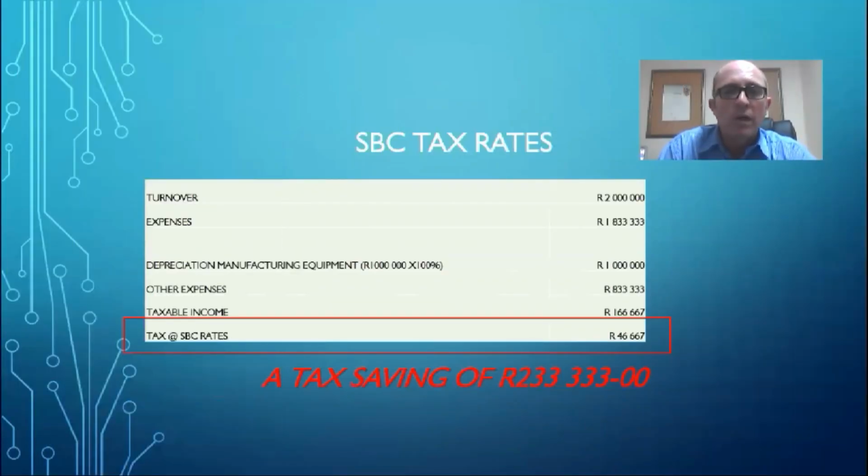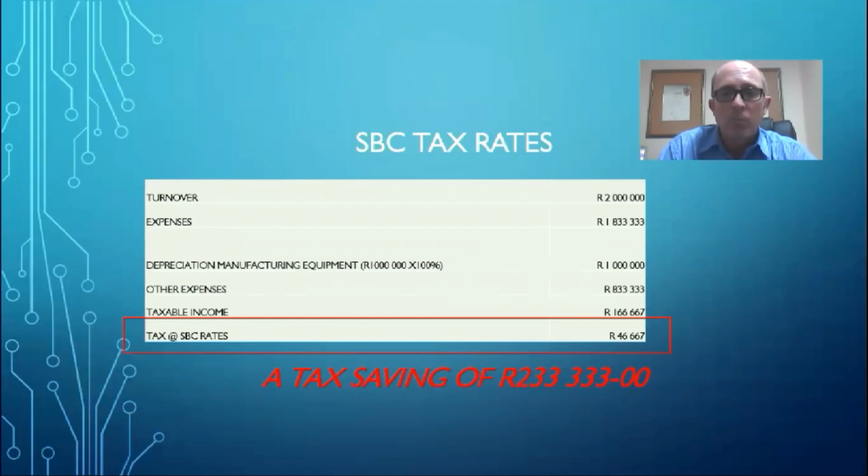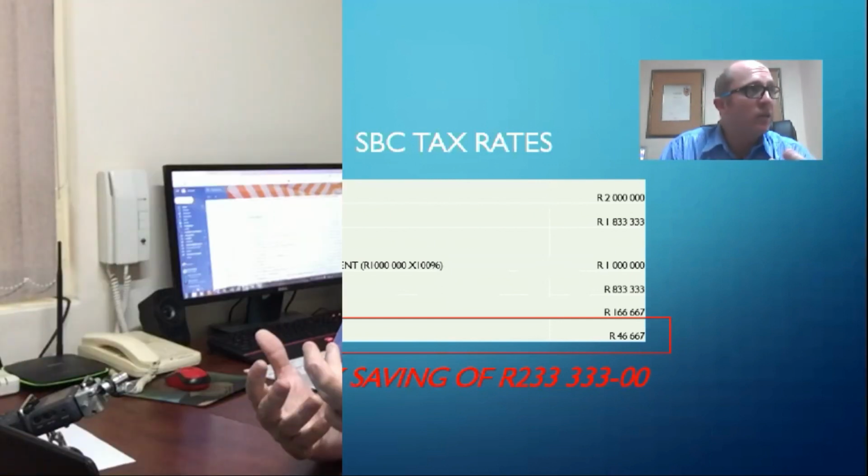Then you can see other normal expenses is 833,000 rand. So you can see your taxable income came down from 1 million rand all the way down to 166,000 rand. So the tax on that would then work out to 46,000 rand if you're using the small business corporation rates. So you can see that on a business of 2 million rand you actually have a tax saving potentially of up to 233,000 rand. And that's only for a small business. That in itself is a lot of money that you can save on income tax.